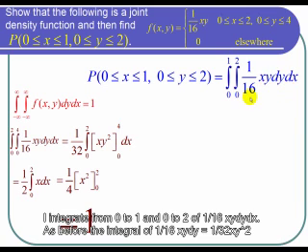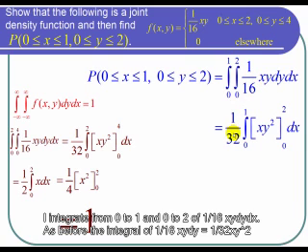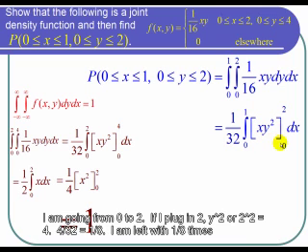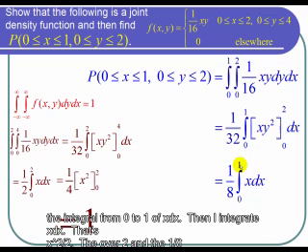So that means I integrate from 0 to 1 and 0 to 2 of 1/16 xy dy dx. And as before, the integral of 1/16 xy dy is 1/32 xy squared, and I'm going from 0 to 2. If I plug in 2, 2 squared is 4. 4 over 32 is 1/8, so I'm left with 1/8 times the integral from 0 to 1 of x dx.